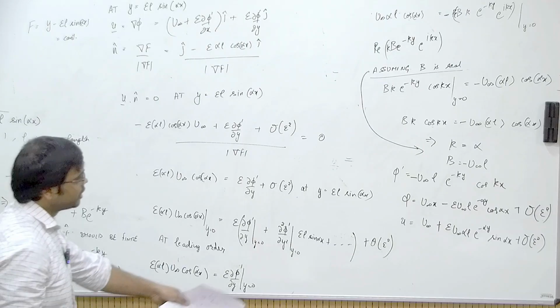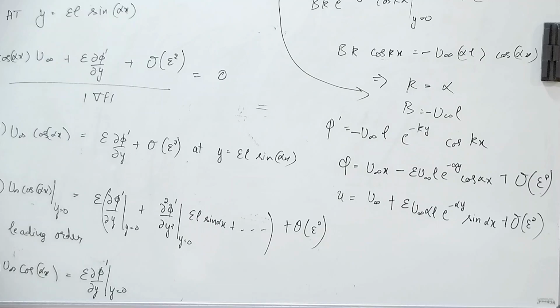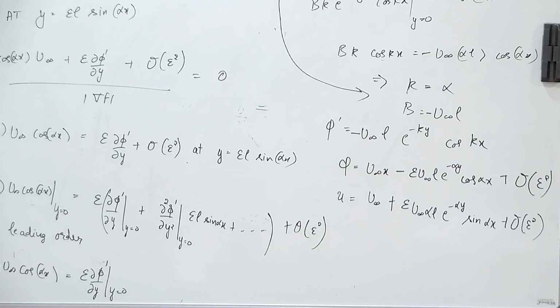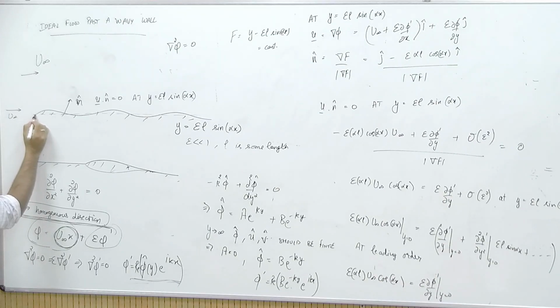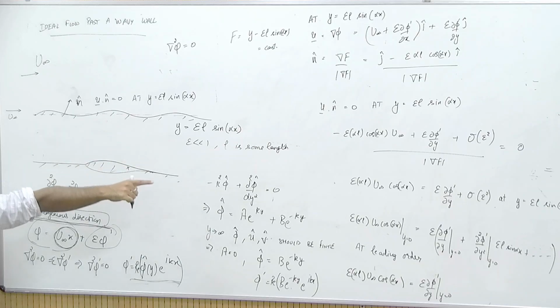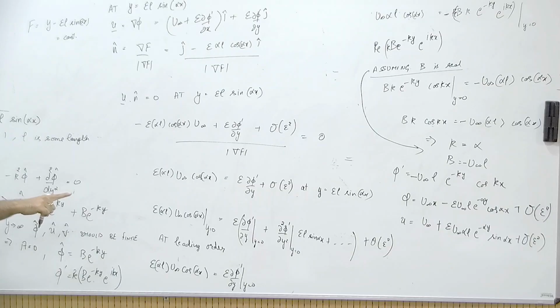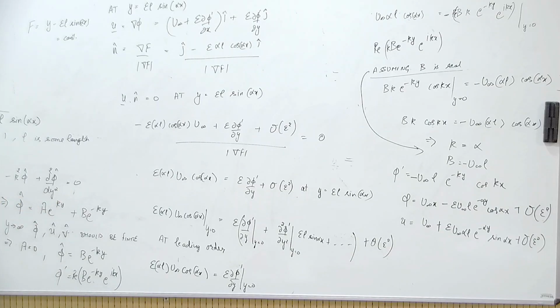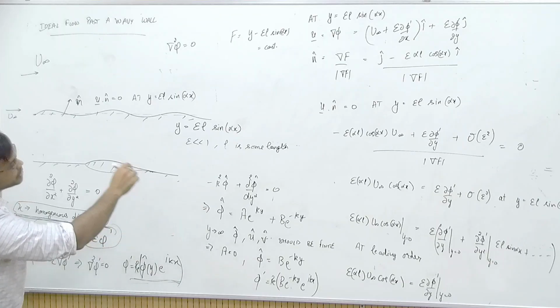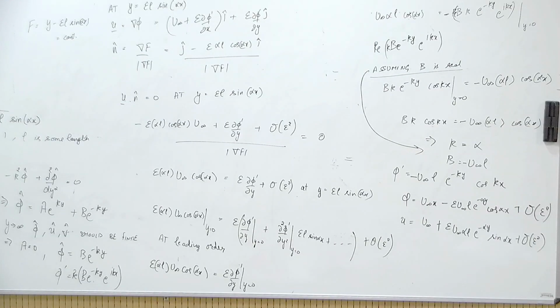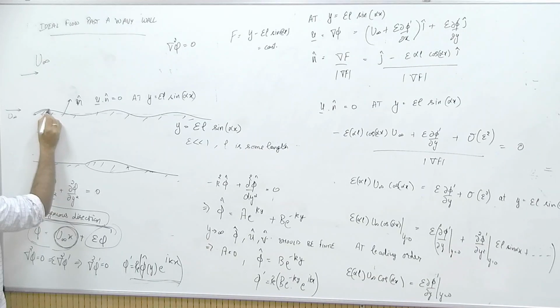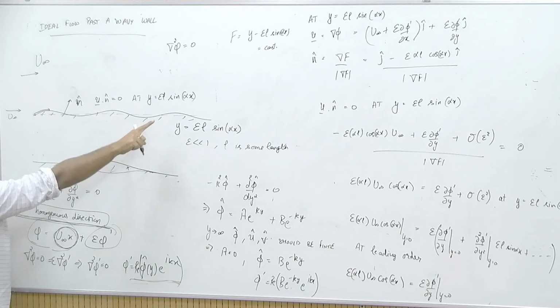And from here, you can actually get a fairly good intuition of what is going on in the flow. The flow has a u infinity x direction velocity at y equal to 0. Then the flow changes velocity as you move up and down on this wavy wall.